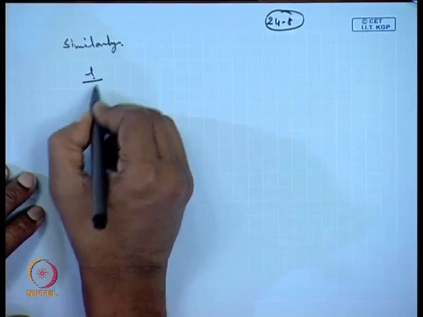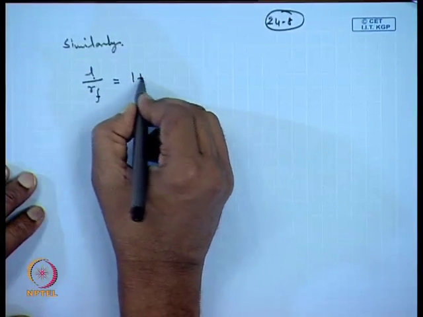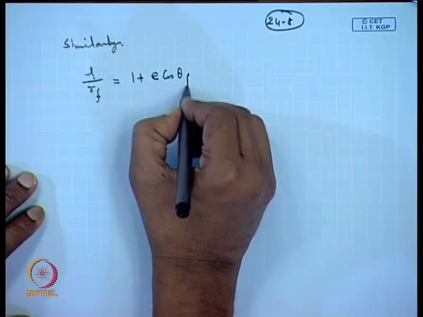Similarly, we will have L by R f is equal to 1 plus E cos theta f.